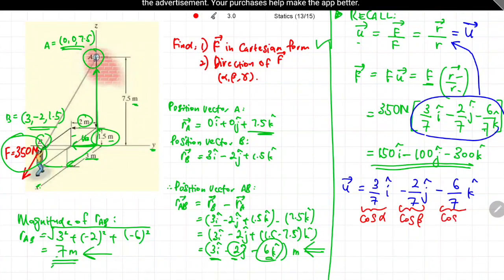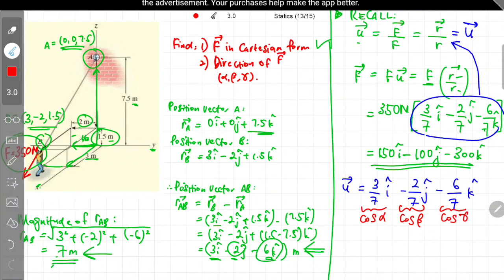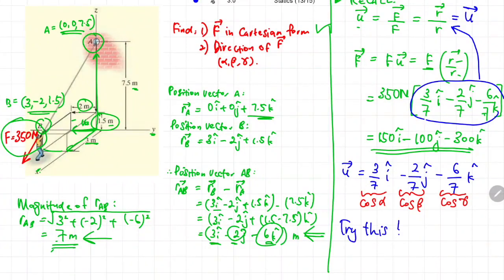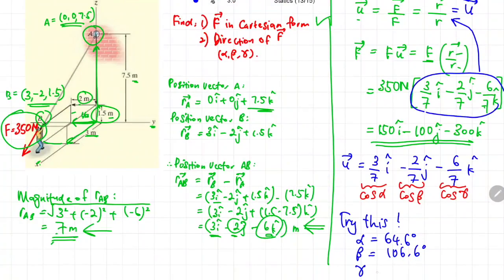And the magnitude along the k direction is equivalent to cos gamma. So, sama macam the previous example I gave to you, you can simply calculate the alpha, beta, gamma punya angle using this relationship. Okay, why don't you try this on your own? And this is the alpha, beta, gamma answer that you should get.